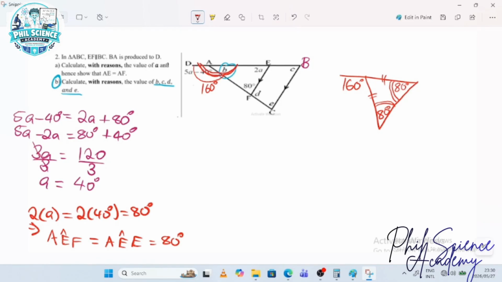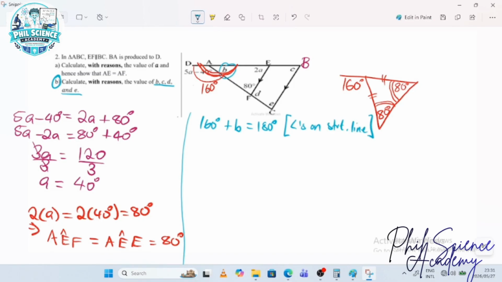So 160 degrees plus B is equal to 180 degrees. Reason: angles on a straight line.